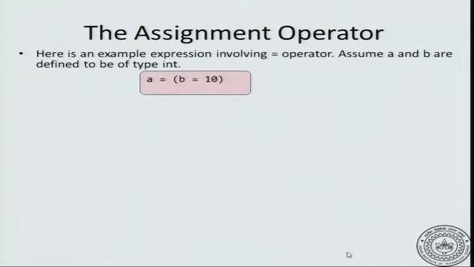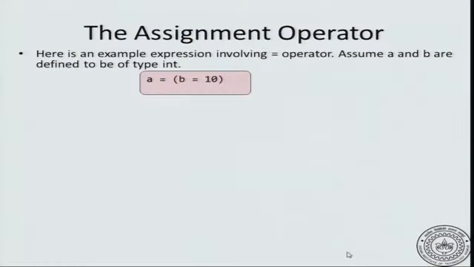So, how does the assignment operation work? For example, consider an expression like a equal to, and then on the right hand side within parentheses b equal to 10. What does this do? Assume that a and b are integer variables.